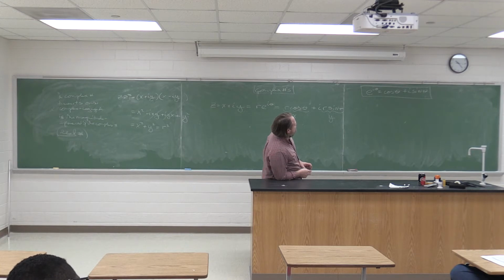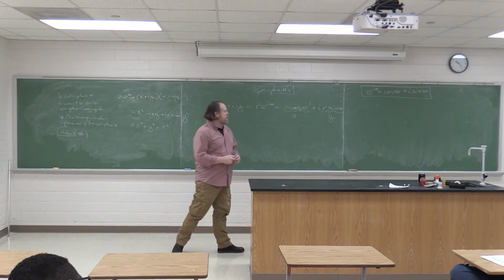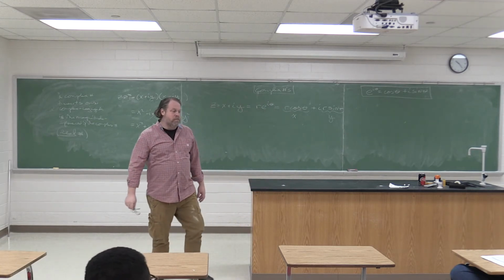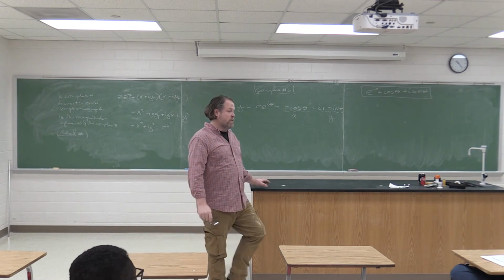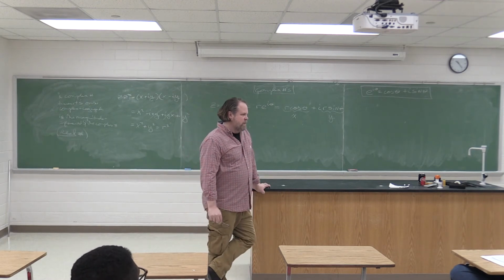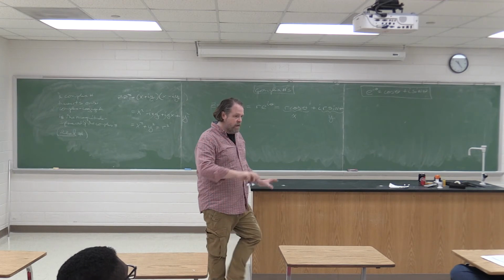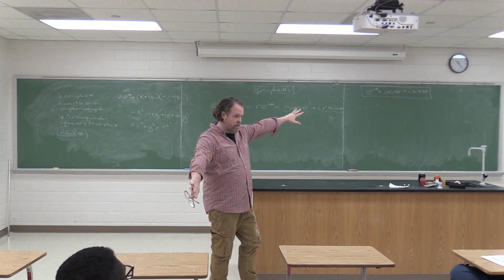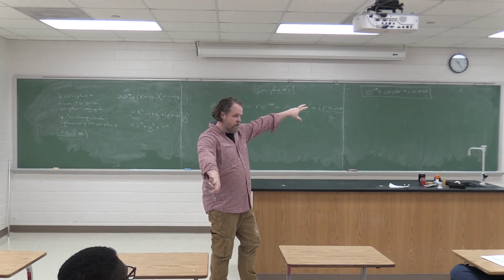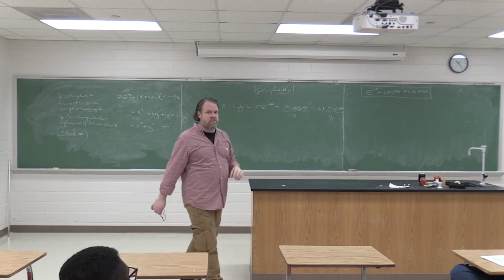Just subtract i sine theta. Okay, that's a good answer. Let me be more specific with my question. What if I wanted to solve for cos theta and sine theta independently from each other? So my equation for cos theta should not refer to sine, and my equation for sine should not refer to cos. What about that?